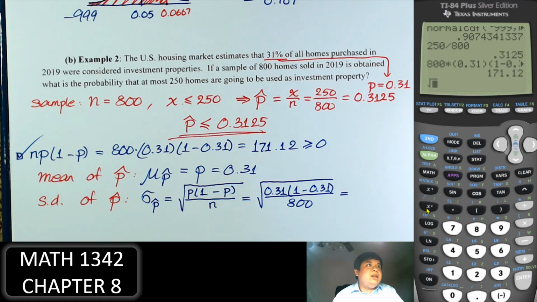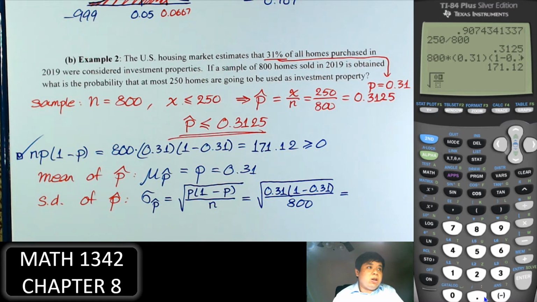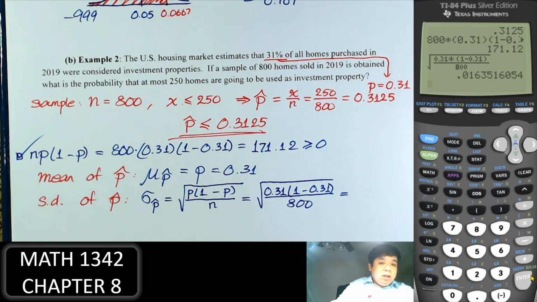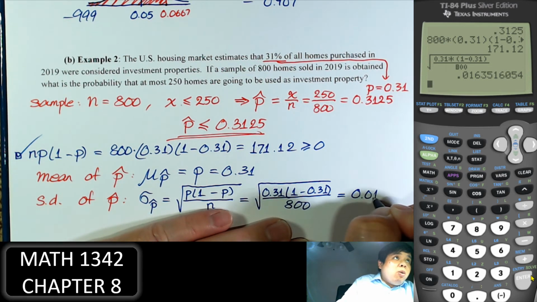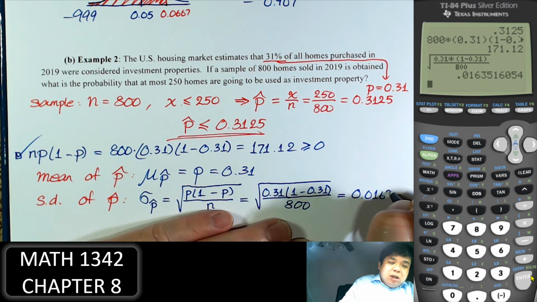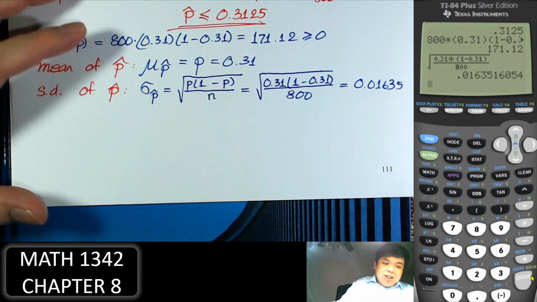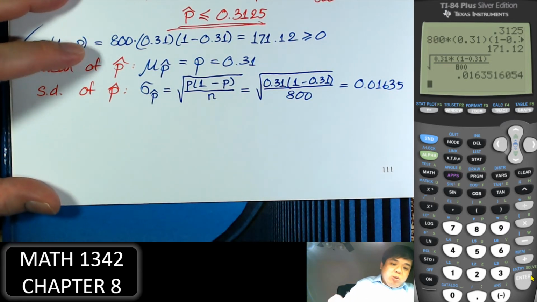Square root of 0.31 times 1 minus 0.31 divided by 800. We have that 0.01635. Right. Now with that, we know it is approximately normal, so we can draw the normal curve.